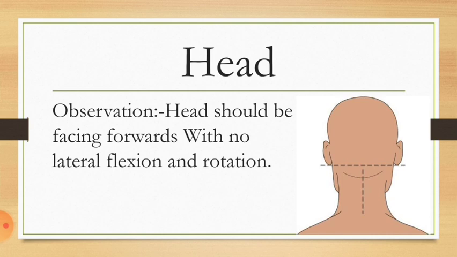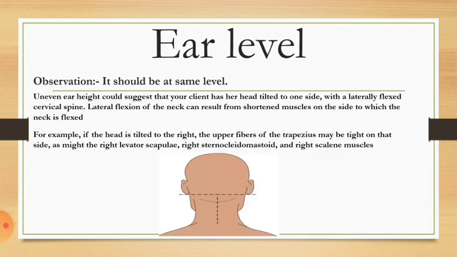Head. The line of gravity passes through the middle of the head. Observe the head should be facing forwards with no lateral flexion and rotation. Now, ear level. Observe it should be at the same level. Uneven ear height could suggest that your client has her head tilted to one side with a laterally flexed cervical spine.